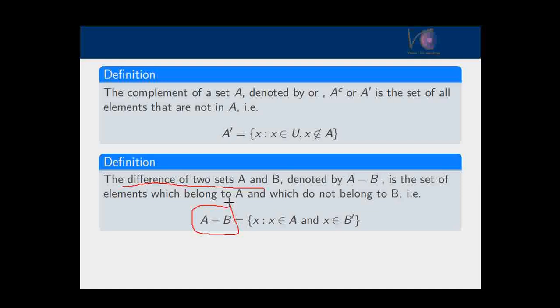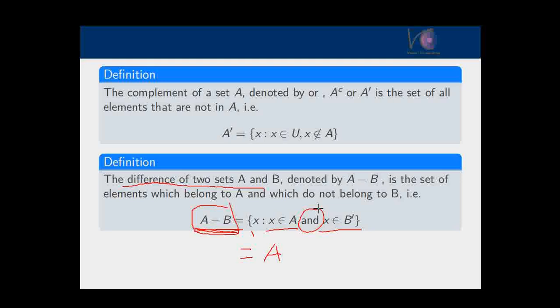Let's write that mathematically. So we are saying that in this third set, we should have an element x. This element x should be in A, but it should belong to B complement, meaning it is not going to be in set B, that is A minus B. So now you can as well rewrite this set builder notation as x belongs to A, so you are going to have an element in A. Remember from the definition of intersection, this is where we were applying AND.